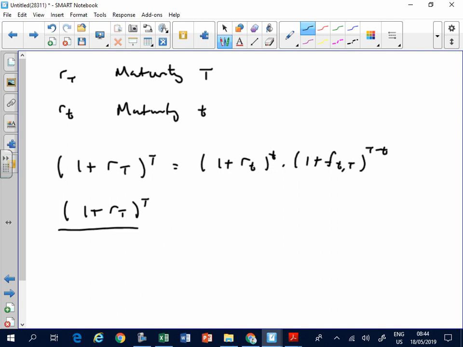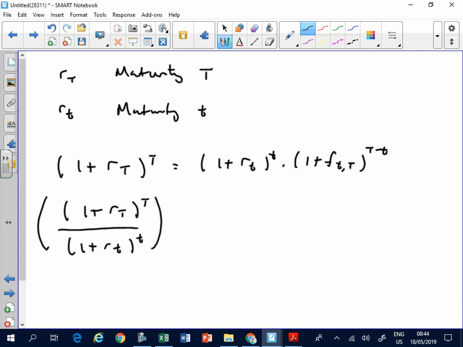Okay, so what should the exponent of this term be? I want to calculate the forward rate. I'm getting to the formula. I just want to see if you guys understand the formula of the forward rate. So I'm doing algebra. This is the equation to determine the forward rate. Everyone happy? Right. How do I determine it now?